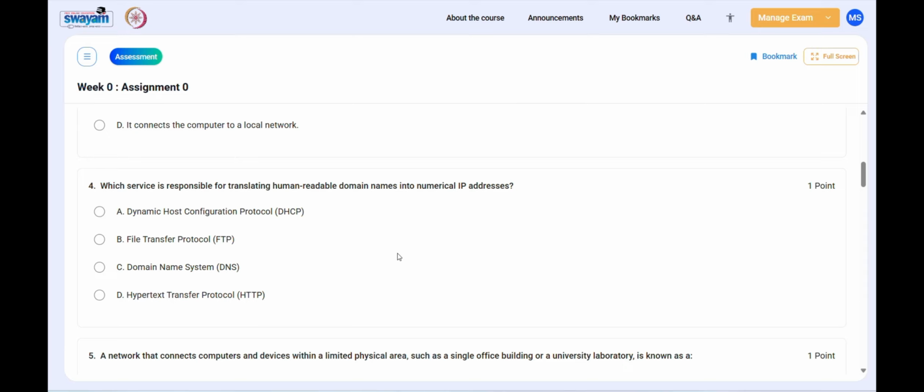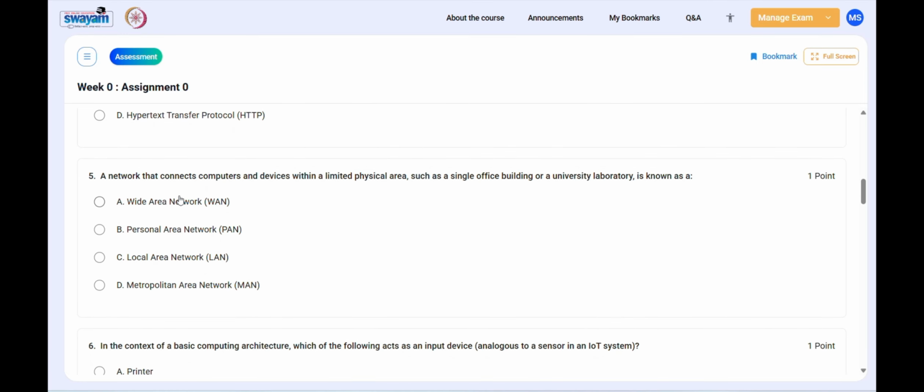The answer is DNS, Domain Name System. Then the fifth question: a network that connects computer devices within a limited physical area such as a single office building or a university laboratory is known as a local area network, which is called LAN.